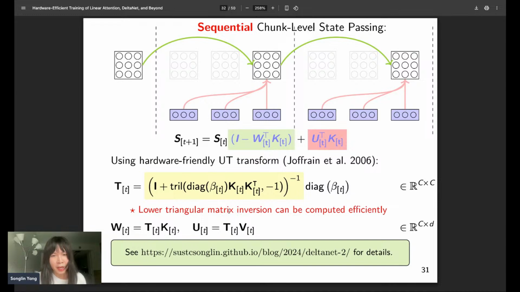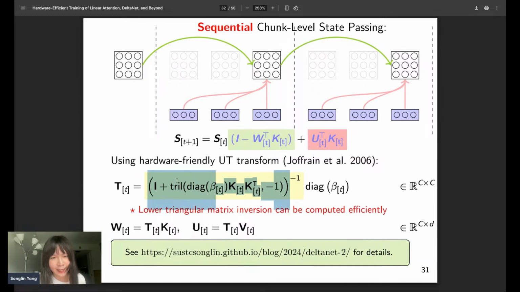Also, we can leverage another well-known technique called the UT transform to compute this W vector and the input U vector in a very hardware-efficient manner. I don't want to talk about this in detail because it's heavy in math, but the key intuition is that we can use some matrix multiplication to obtain this C by C matrix.